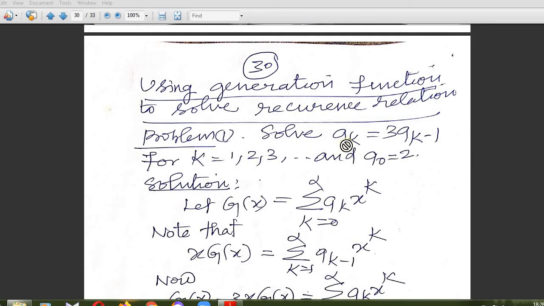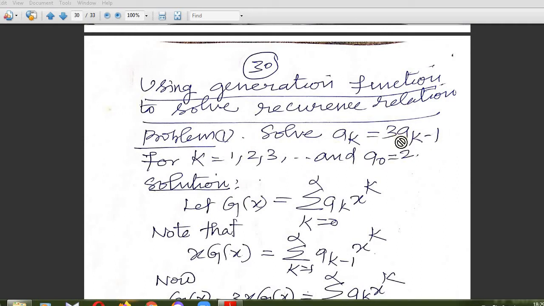For k equal to 1, a_1 equals 3 times a_0, and a_2 equals 3 times a_1, like that. This is a recurrence relation because each term comes from its previous terms by multiplying by a number, dividing by a number, whatever it may be.